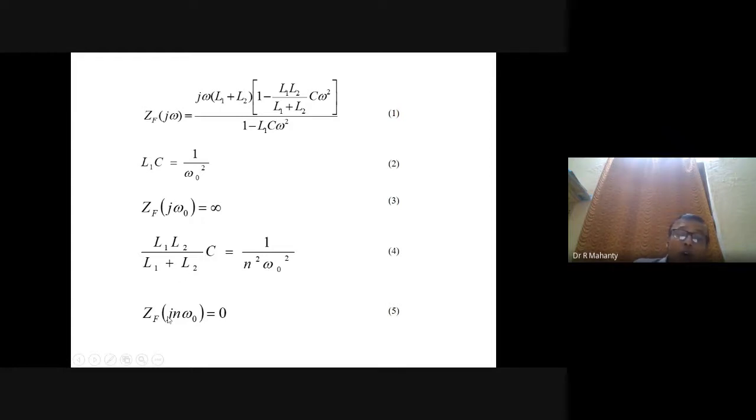So for the fundamental frequency, it will not permit the fundamental frequency to flow through it, because the impedance is very high, and for the nth harmonic, it is providing very good filtering.